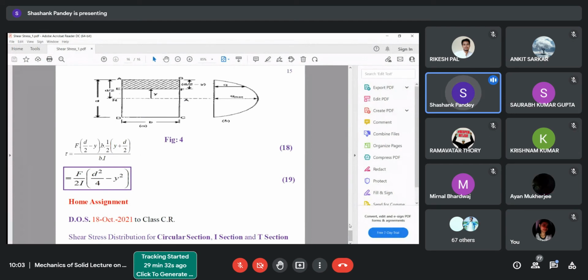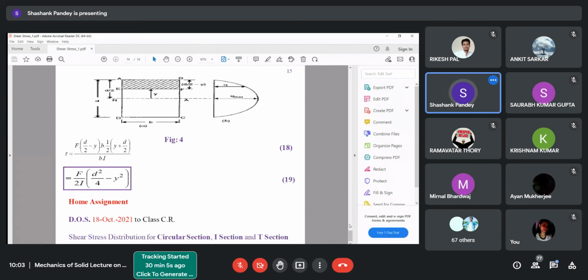Here we can see that tau will come out to be F upon 2I times (D square by 4 minus y square). So can anybody tell, what will be the value of shear stress, that is tau, at the center, at the neutral axis? At the center, what will be the expression for tau? Zero?